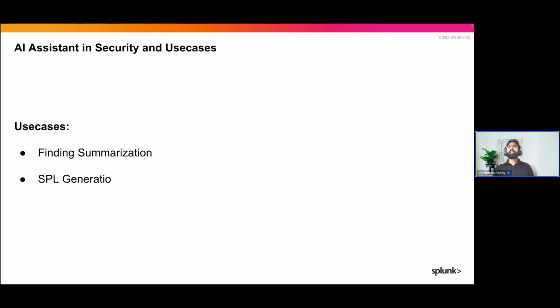And also, if you want to write a new query for a particular use case, you can directly ask in simple plain English, saying, hey, I want to trigger this kind of alert or finding. It will provide you the query, but you need to update it with the index, source types, and event types that you want to filter.